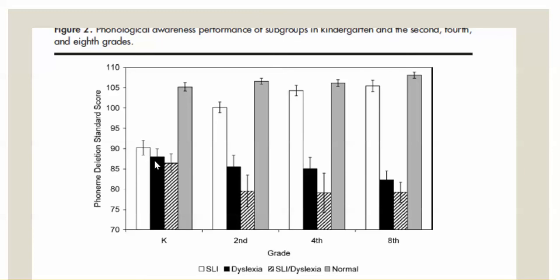In kindergarten, they are subclinical, maybe 87 or so of a standard score, and then it just goes down over time. So their phonological processing actually decreases over time. The kids who did the poorest were kids who had both SLI and dyslexia, scoring below all three groups at every turn. So having both a cognitive-based deficit and a phonological processing deficit was a very severe deficit for them.